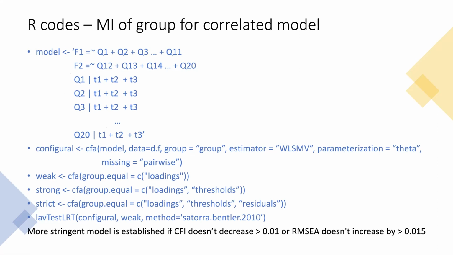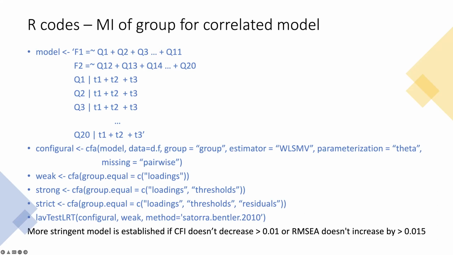If they had concussion, then they belong to one group. If they had orthopedic injury, then it's another group. So there's just an extra variable called group. My estimator and parameterization are exactly the same, and missing. And then when you run this, you'll get all the statistics and the loadings, factor means, variances, and all that.